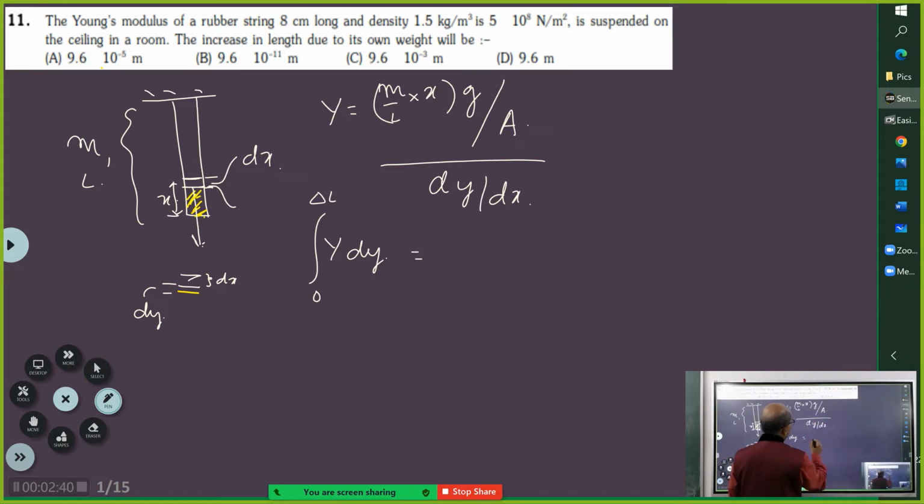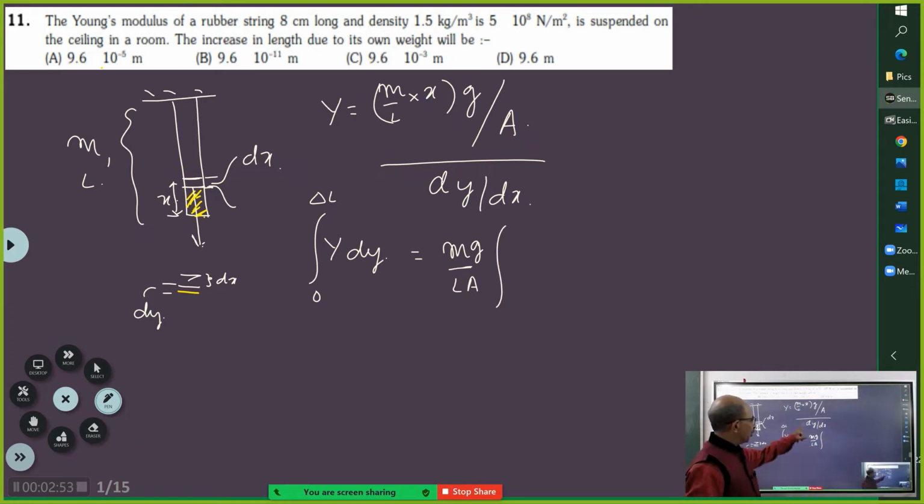On the right side you will get M by L by A and g as constants, and this x dx. Of course, you have to follow proper calculus, because you have to write dy by dx as the limit of delta y by delta x, but I have just skipped those steps.